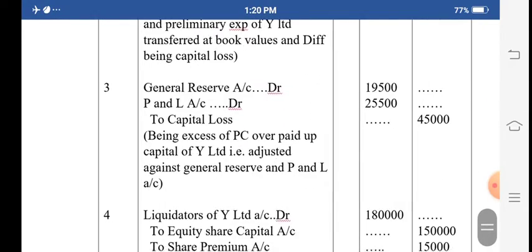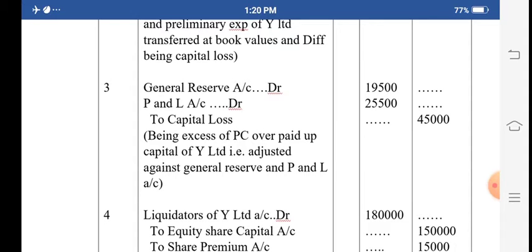Now, according to the format of the incorporating entries, the third entry is for adjustment of excess purchase consideration over share capital of the transferor company. Let's pass this journal entry. General reserve account debit 19,500 of X Company, and profit and loss account debit 25,500, to capital loss 45,000.